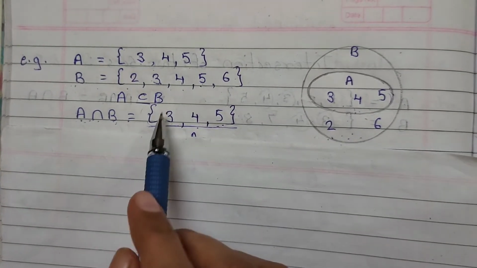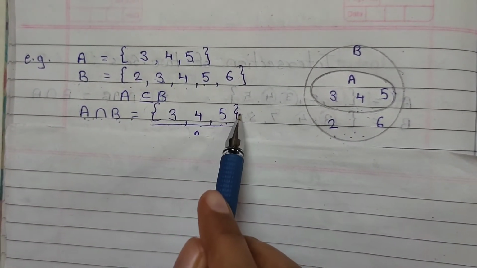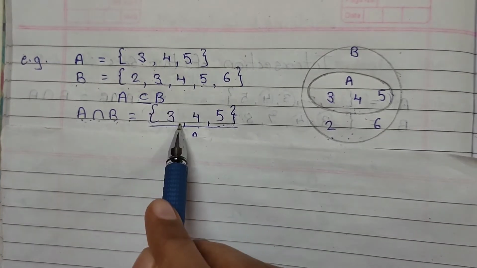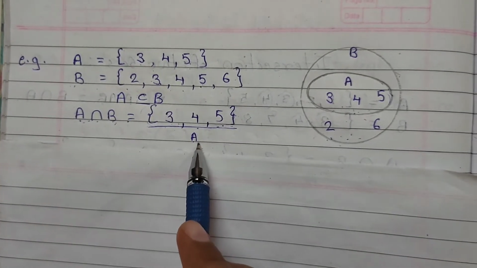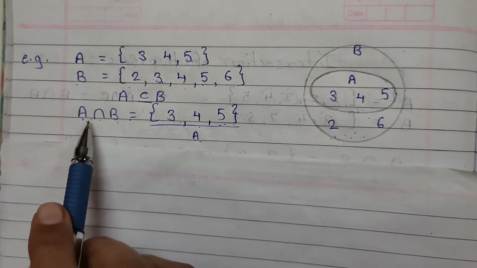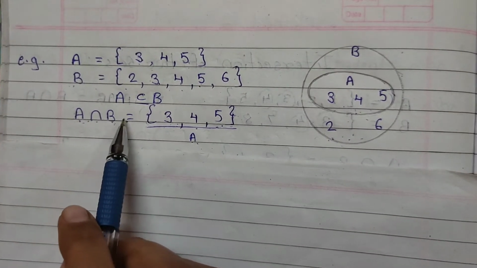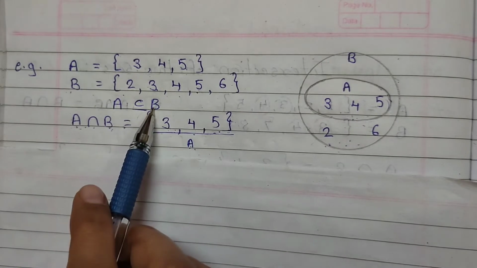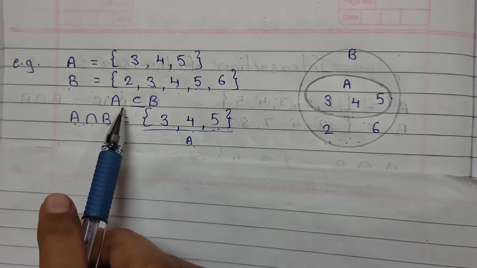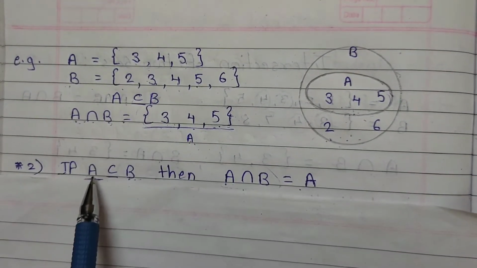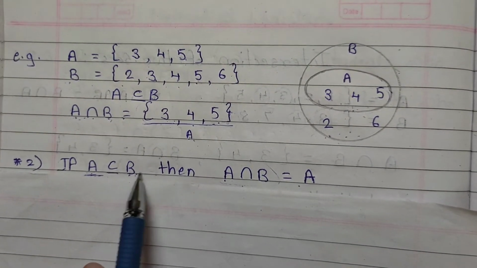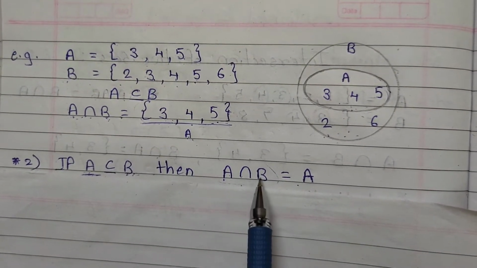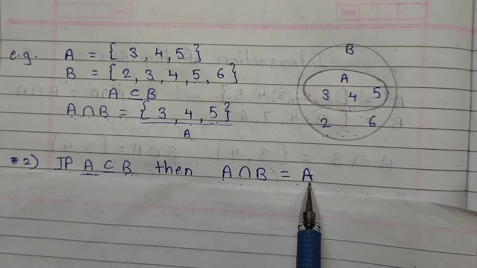You can see this whole common element or this whole set is nothing but our set A. So we can replace this. A intersection B is equal to A when A is subset of B. So that is our second property. If A is subset of B, then A intersection B equal to A.